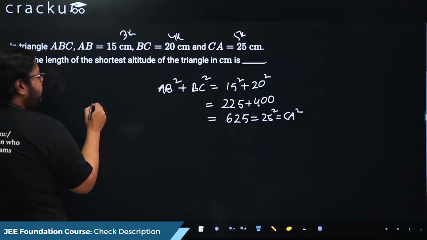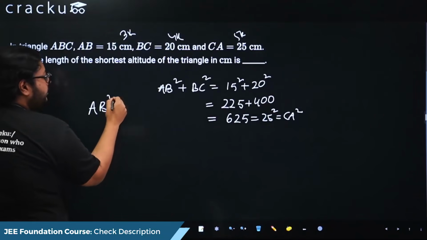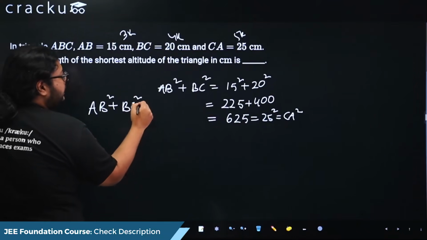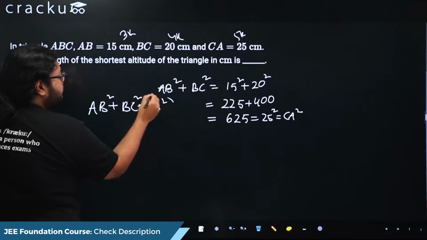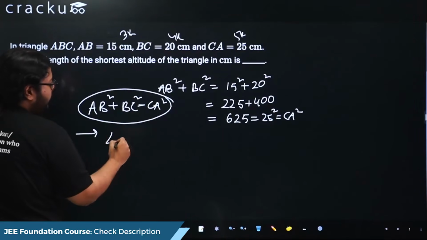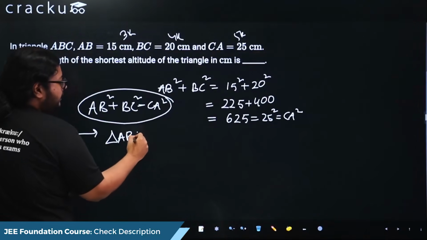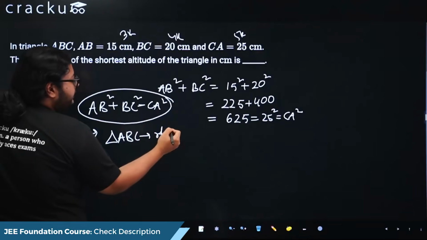So for this triangle, AB square plus BC square is equal to CA squared. That means triangle ABC is a right angle triangle.